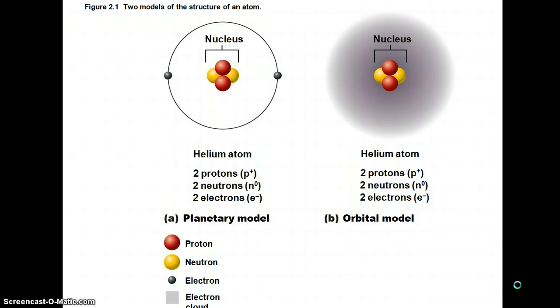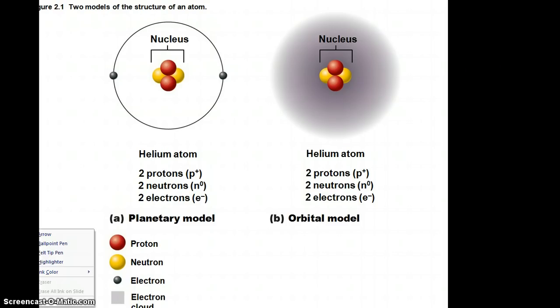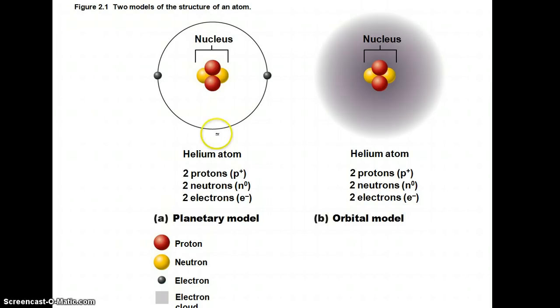So the picture on the left, looking at the helium atom, this is going to be the planetary model. You can see in the nucleus, you have your protons, which are red, and your neutrons, which are yellow, and then you have your electrons orbiting around in the electron shell.